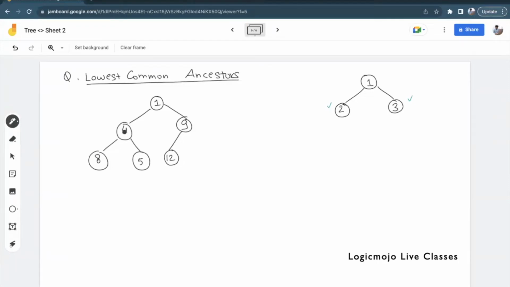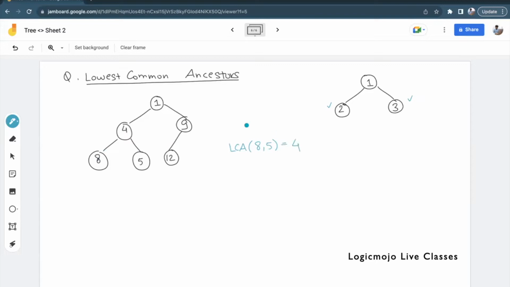Okay, so here you have to find the lowest common ancestor of 8 and 5 initially. For 8 and 5, the lowest common ancestor, just above both of those nodes, is 4.